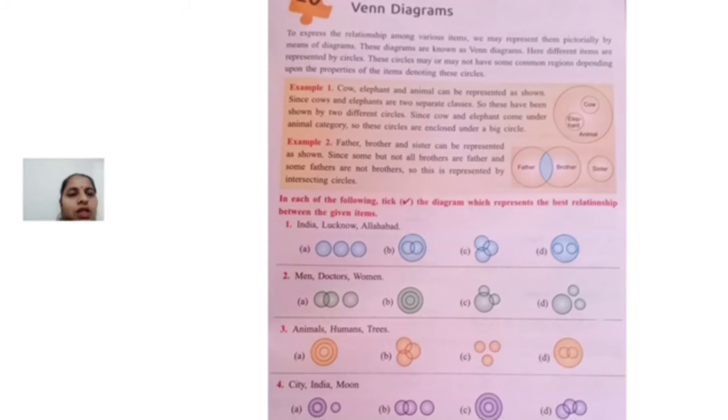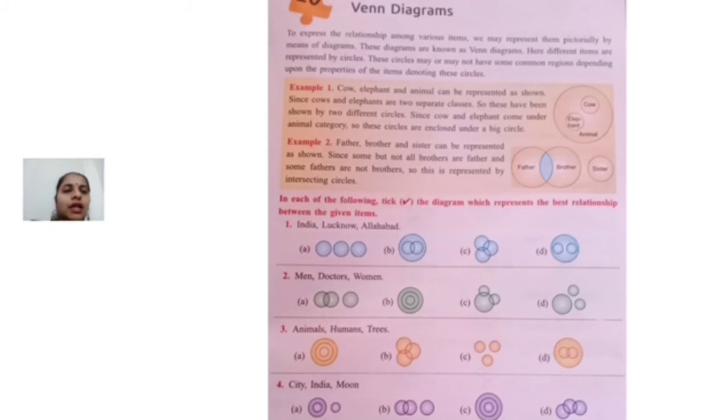So animals are not in huge quantity. Got it? See, we are looking at the A answer. Animals are not in the huge quantity, humans are not in the huge quantity, and trees also not in huge quantity.